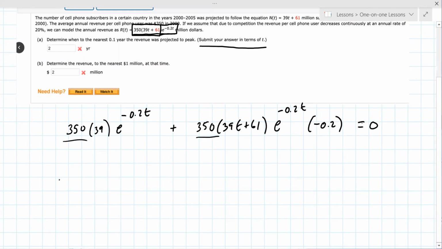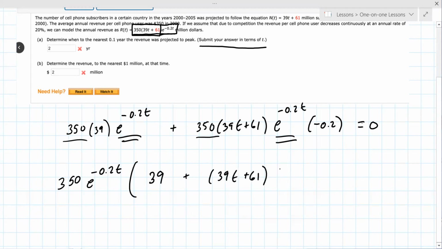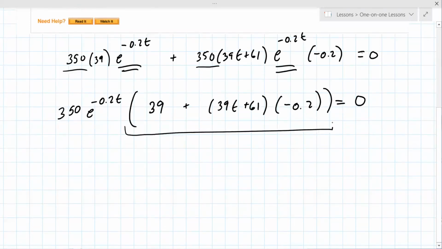Like 350 is common to both, and this e to the minus 0.2t is common to both. And then it's like, okay, what's left over? Well, 39 from here plus 39t plus 61 times minus 0.2 equals 0. So this is the part we're solving, setting equal to 0.